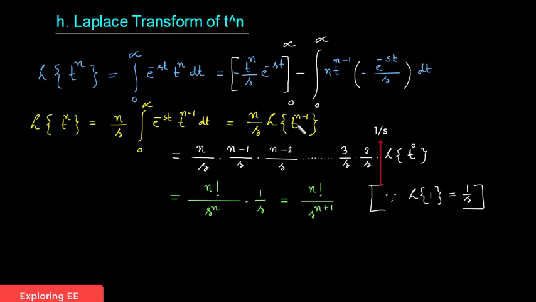And finally n reduces, so n into n minus 1 into n minus 2 into 3, 2, 1, it will be factorial n, and there are n number of terms, so n number of s's are there, so s to the power n. And finally Laplace of t to the power 0, that is Laplace of unity, is also 1 upon s. So this is 1 upon s. So Laplace of t to the power n is coming out to be factorial n by s to the power n plus 1.